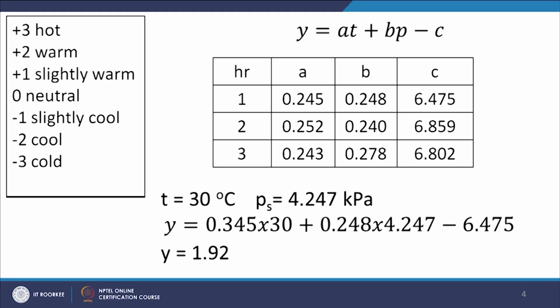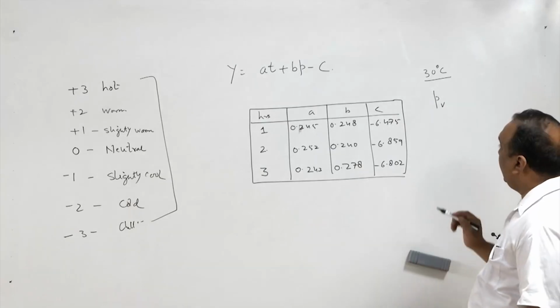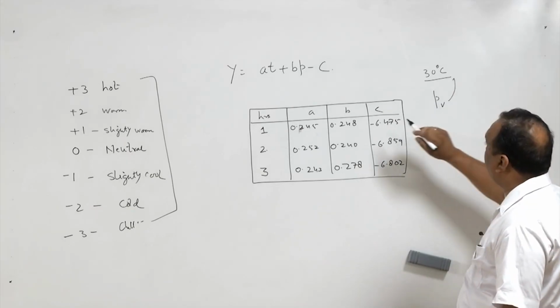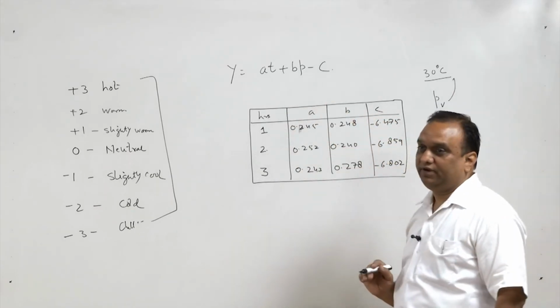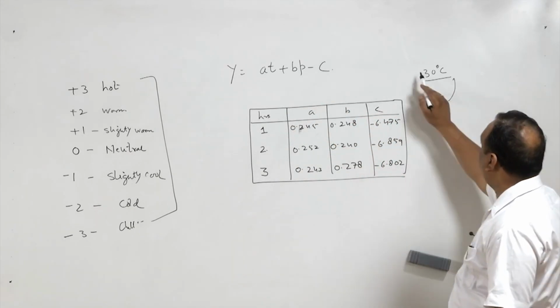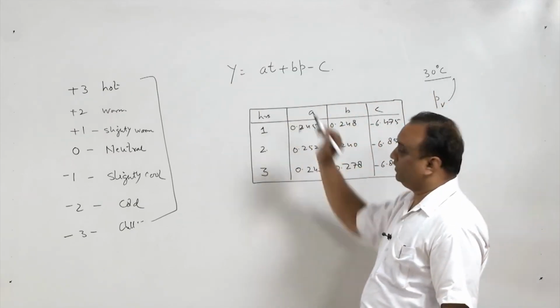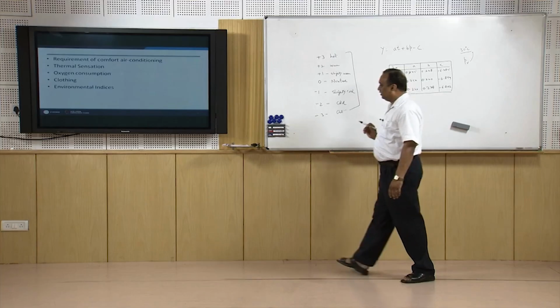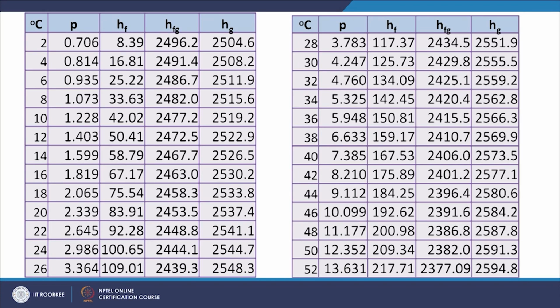So since it is going to be related with the relative humidity, saturation pressure of water vapor at that particular temperature is also taken into account here. So P is the saturation pressure of water vapor at this temperature, right? So now here we will take the value from this table.